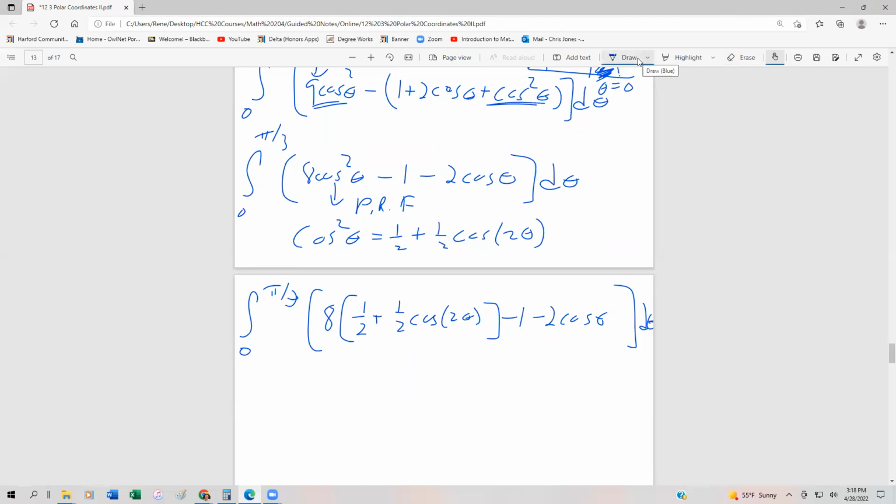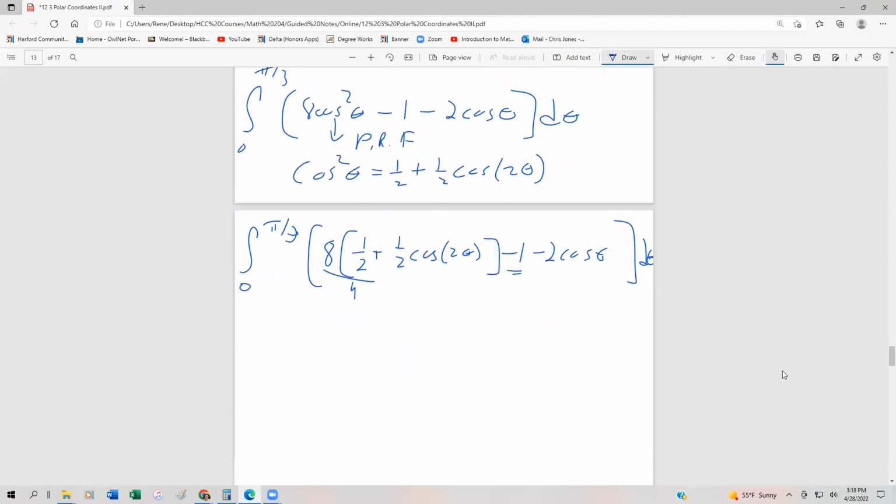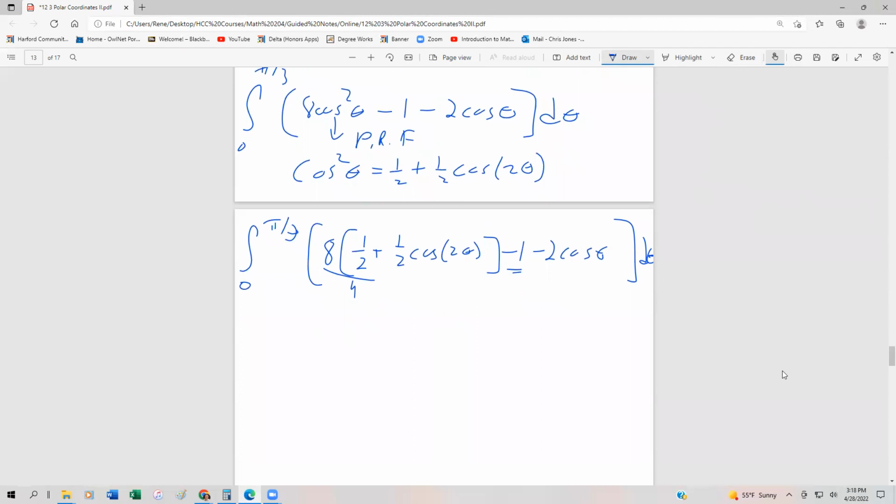The only ones we can combine, 8 times 1/2 is 4, and then we have -1. So I think the simplest integral we can get before integration, 0 to pi thirds, 3 from the 4 and the -1, plus 4 cos of 2 theta minus 2 cos of theta, d theta.